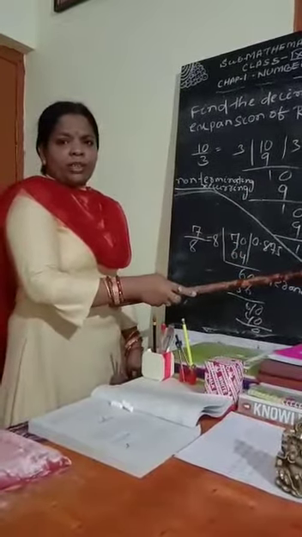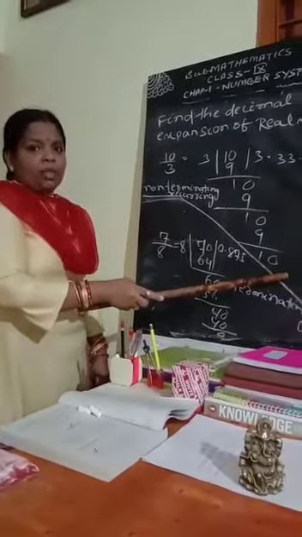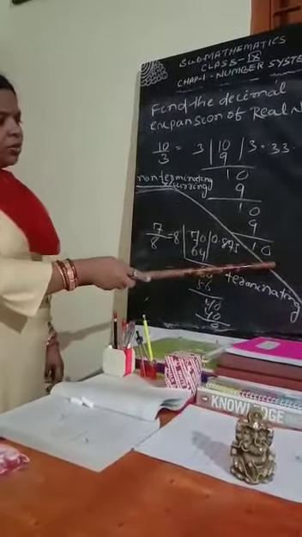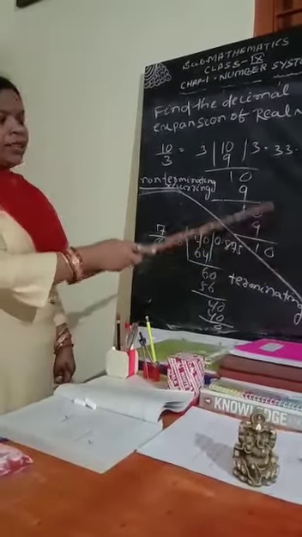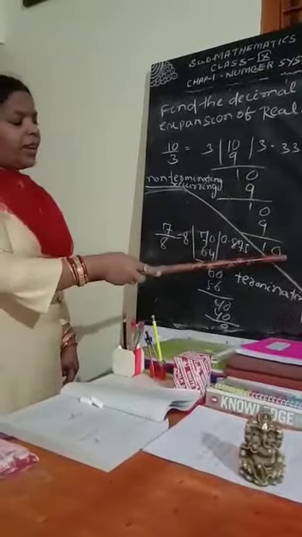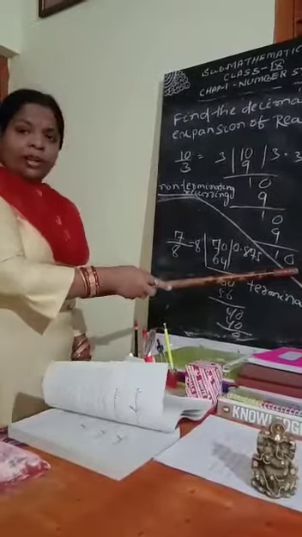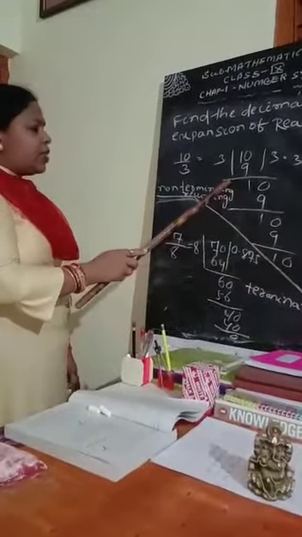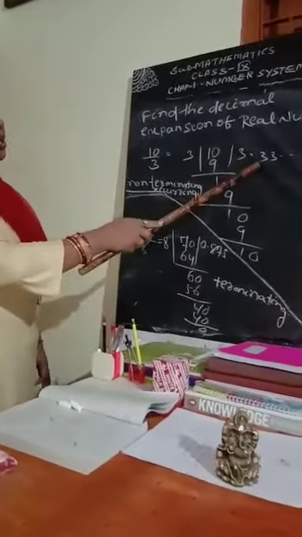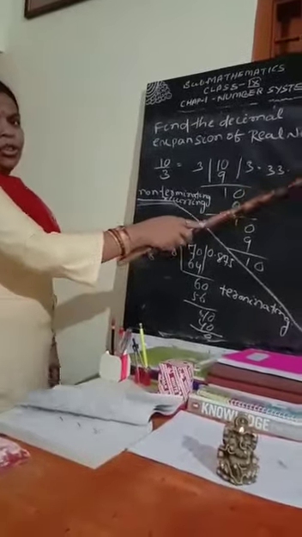What do you understand by this? This is not terminating because there is no end of the division. When we cannot find the end of the division, that means when we cannot find the remainder as 0, that is non-terminating, and the number 3 is continuing, so it is recurring.